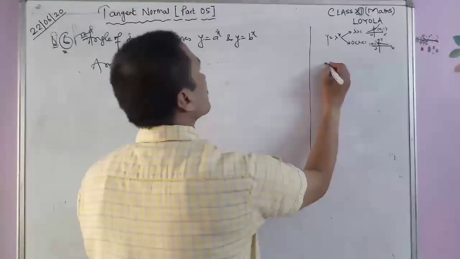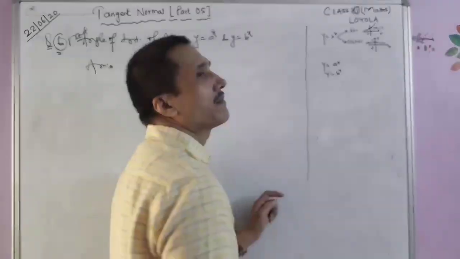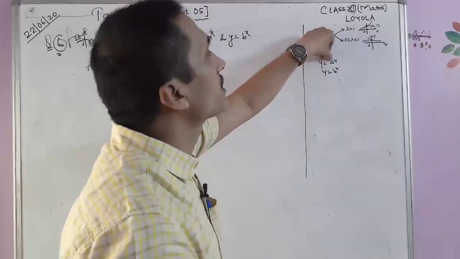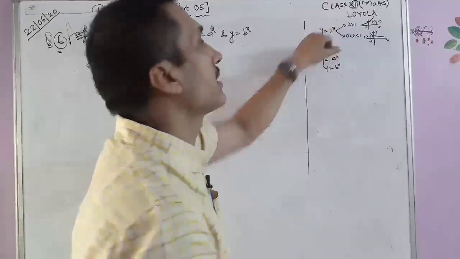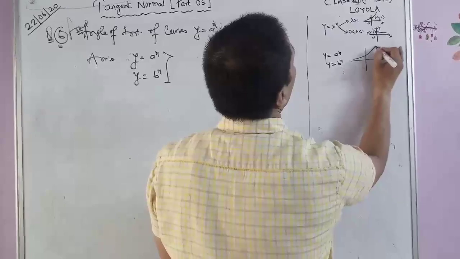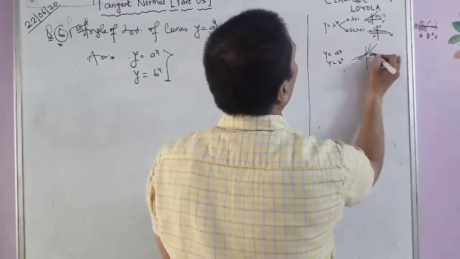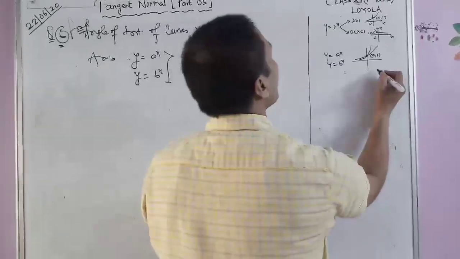Here y equal to a to the power x, y equal to b to the power x. We have the possibility a greater than 1, b greater than 1. In both these cases, the point of intersection is (0, 1).